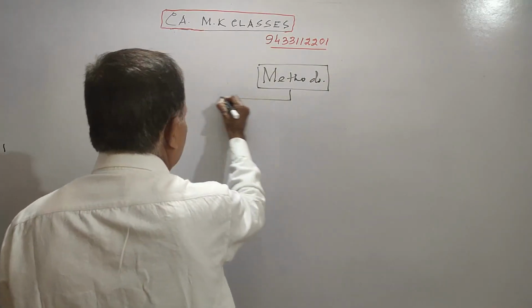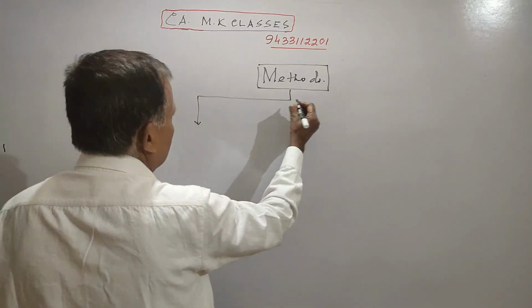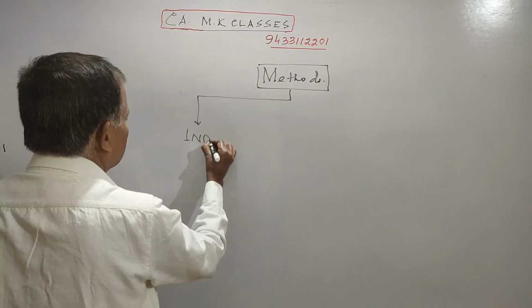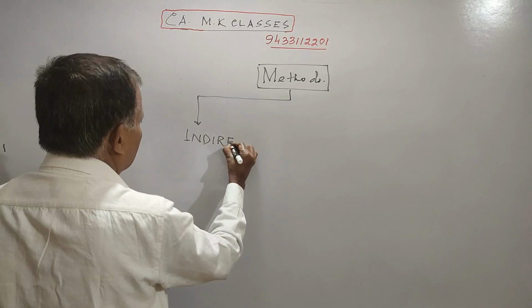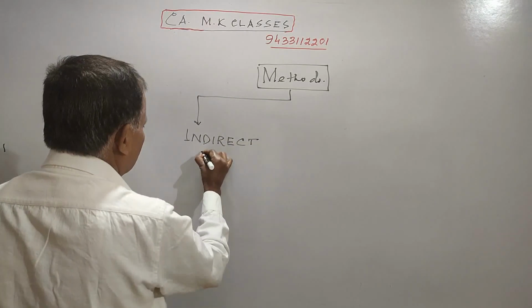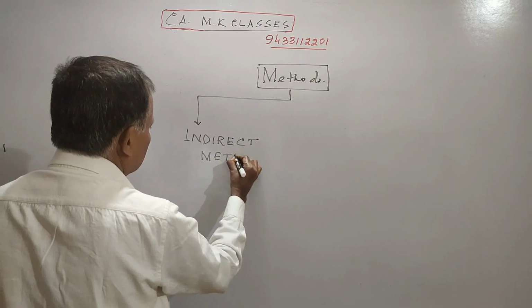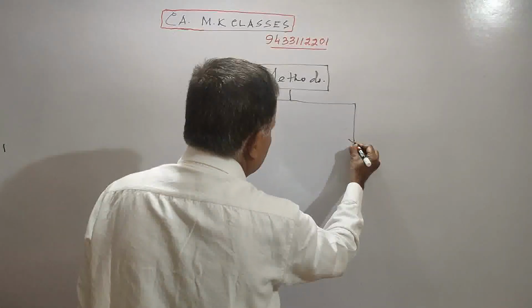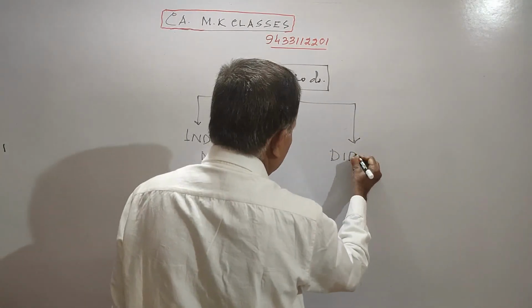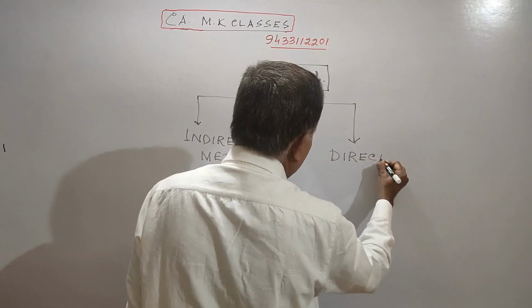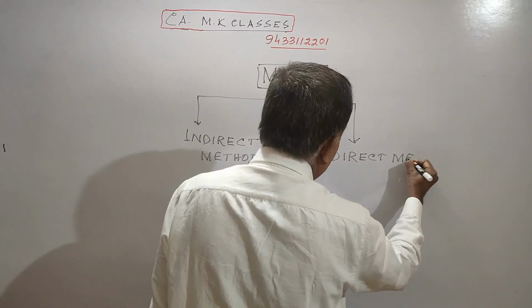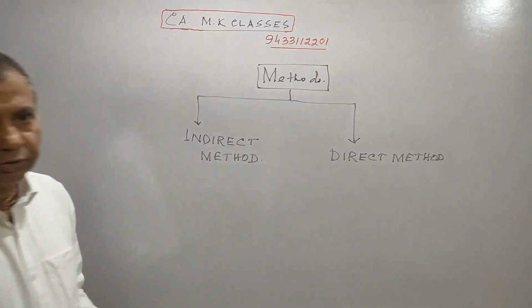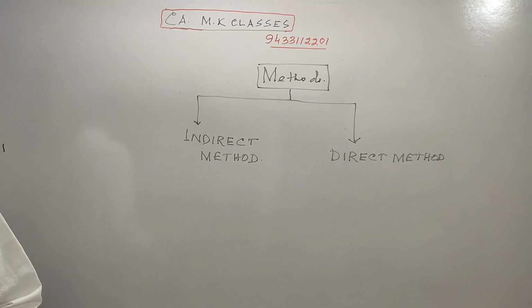One is your indirect method. Another one is your direct method.